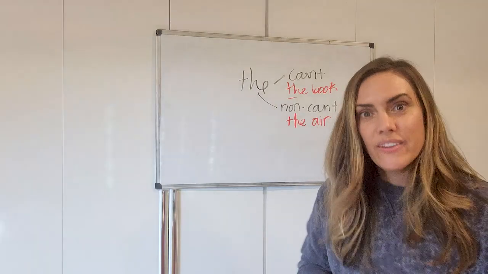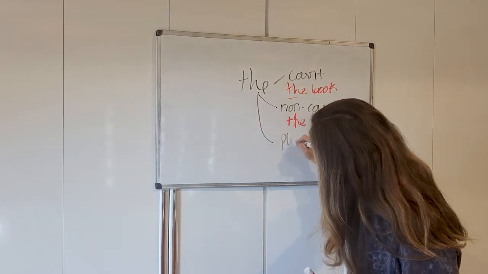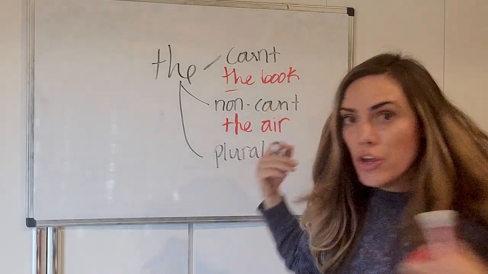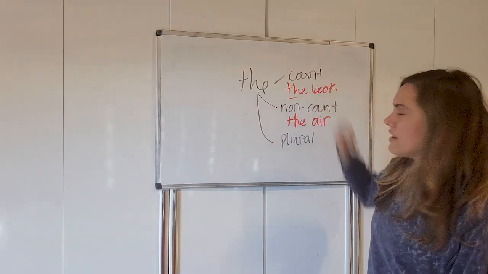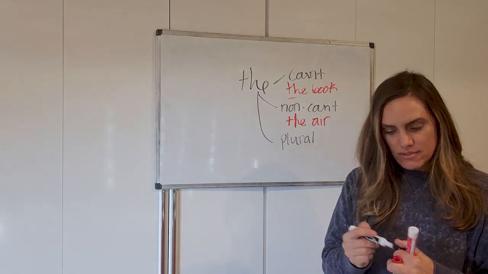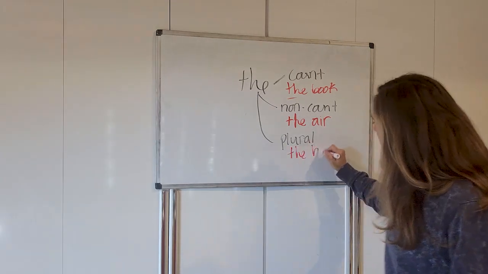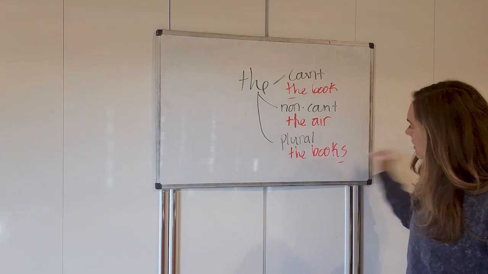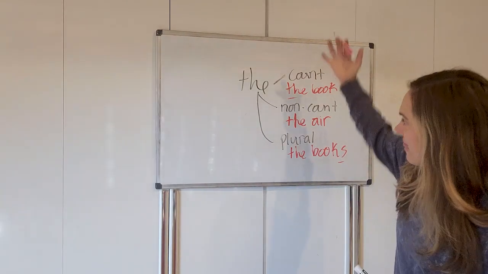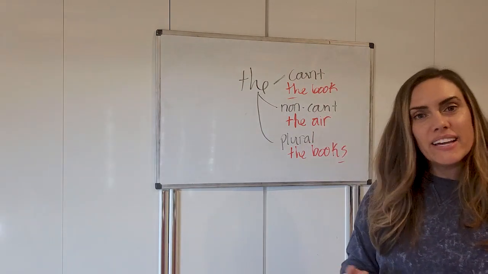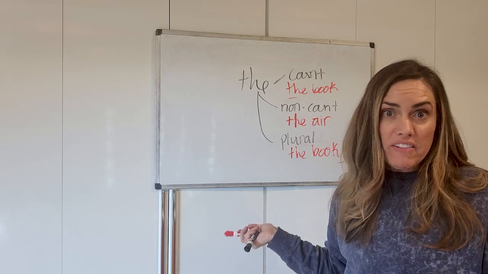Also, get this. You can use it with plural forms of count nouns. Like the books. Okay? And that's why it's amazing, because you can use it with any type of noun.